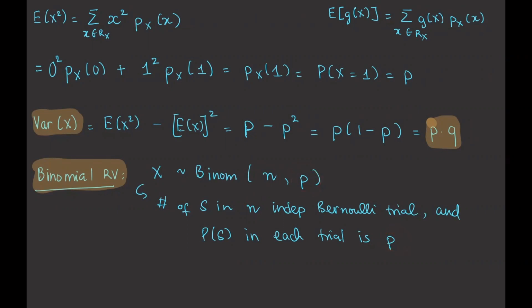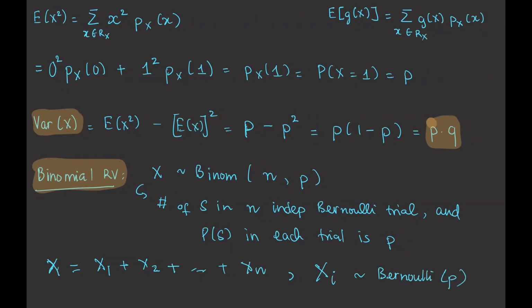And we covered in the tutorial that x equals x1 plus x2 up until xn, and each xi follows a Bernoulli distribution with parameter p.